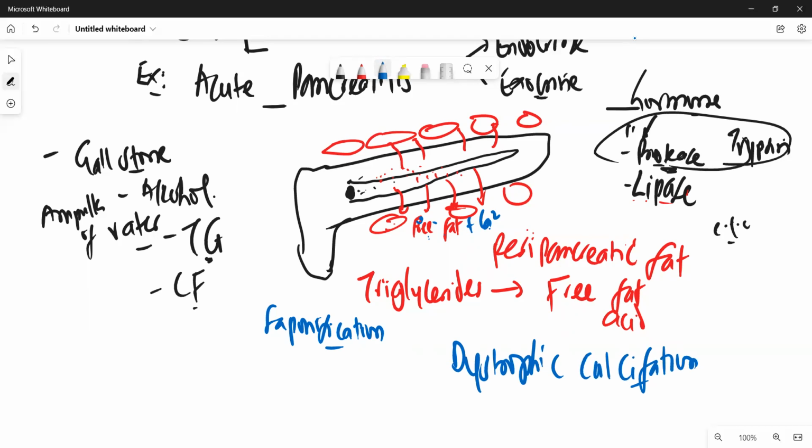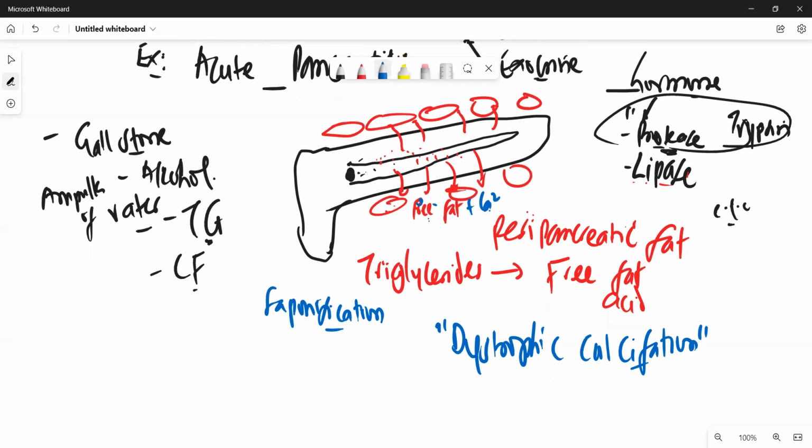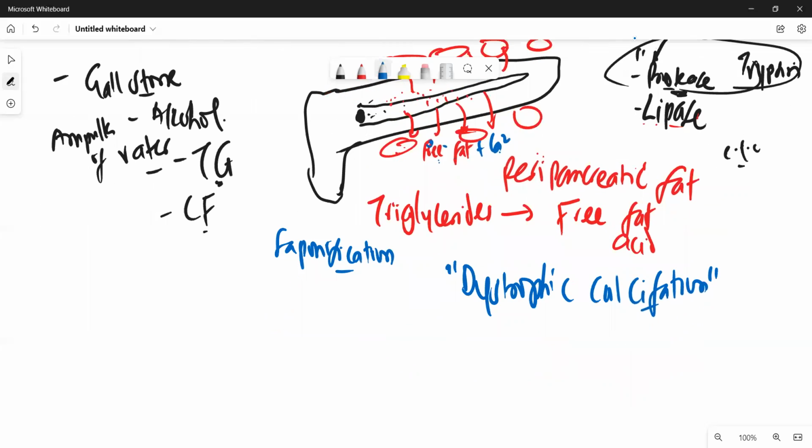Dystrophic calcification is the process whereby calcium is deposited in necrotic tissue, even though there's a normal calcium and normal phosphorus level. Those calcium are being deposited inside those necrotic tissues. So that's what we refer to as dystrophic calcification. And this is a classic example of enzymatic fat necrosis, right?